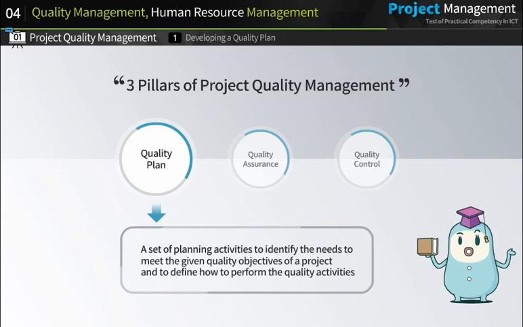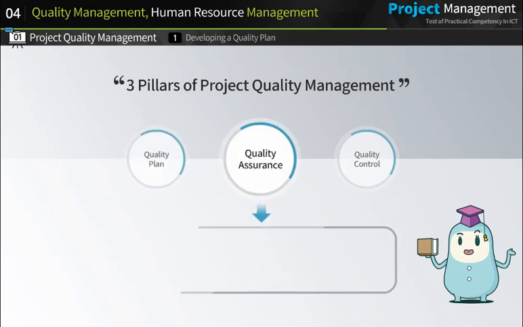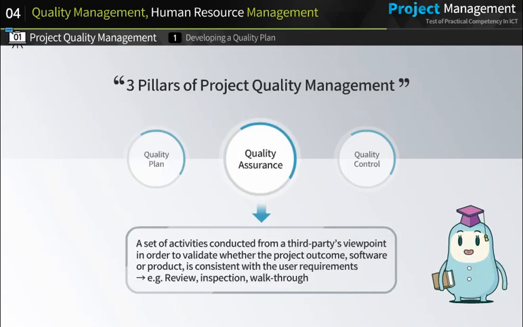Quality plan refers to a set of planning activities to identify the needs to meet the given quality objectives of a project, and to define how to perform the quality activities. Quality assurance refers to a set of activities, such as review, inspection, walkthrough, which are conducted from a third party's viewpoint in order to validate whether the project outcome, software, or product is consistent with the user requirements.